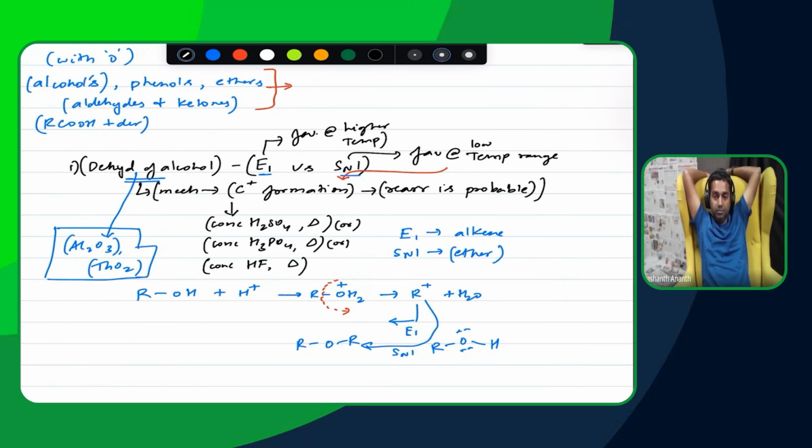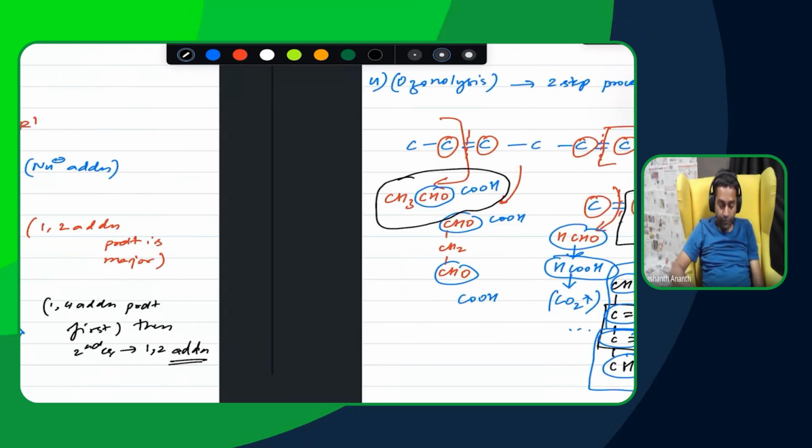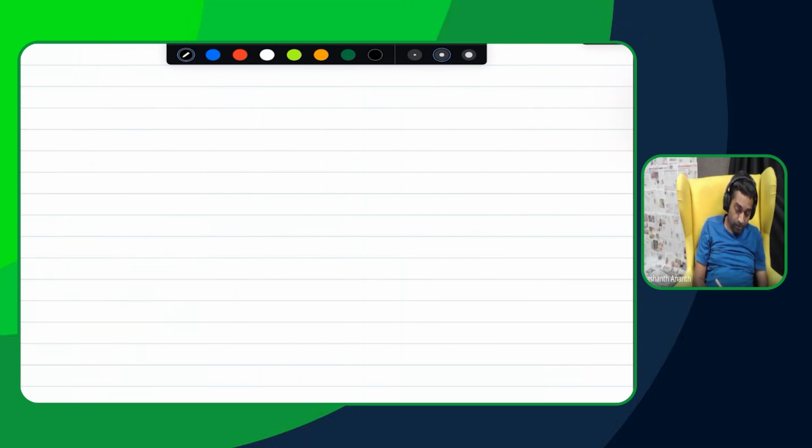Next up: I know some specific reagents, like Tollens reagent and then OsO4. Good. And then chromic acid. Yes, we can talk about diol preparation.